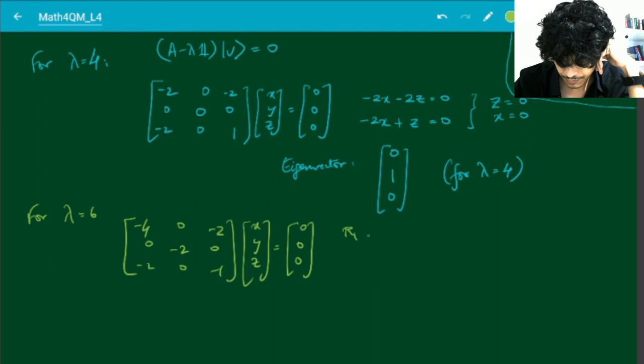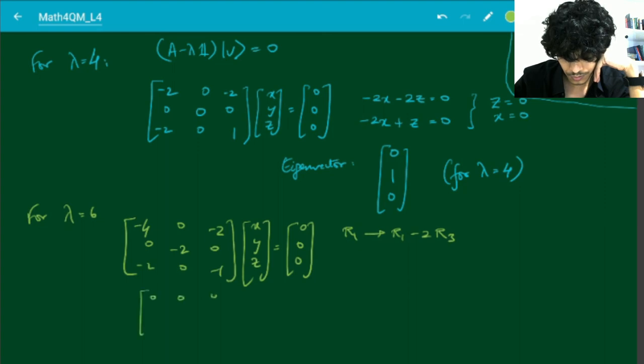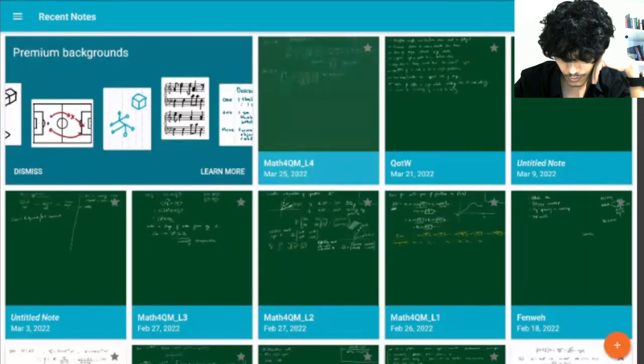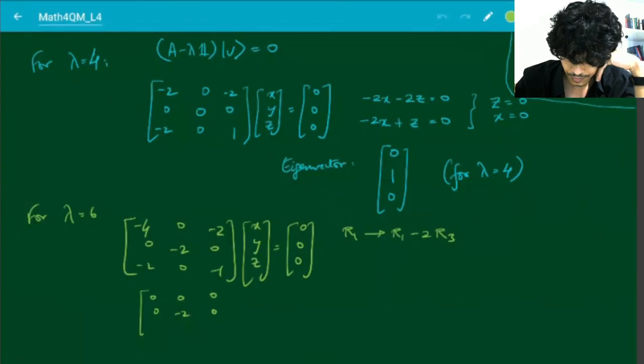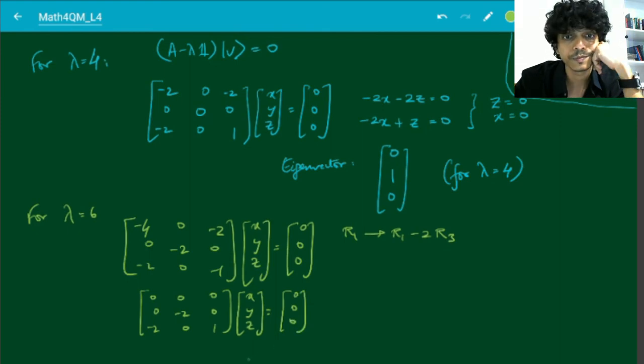I'm going to replace my R1 by R1 minus 2 times R3. I think that will get rid of it. Yeah. So I'll get 0, 0, 0; 0, minus 2, 0; minus 2, 0, 1, operating on x, y, z is 0, 0, 0.